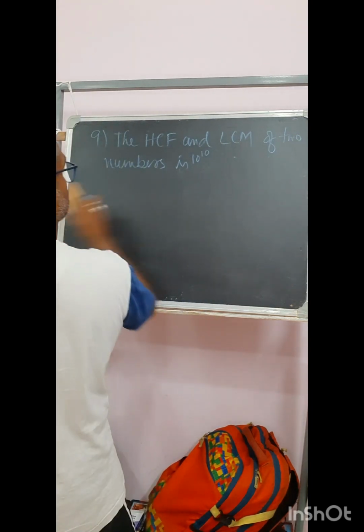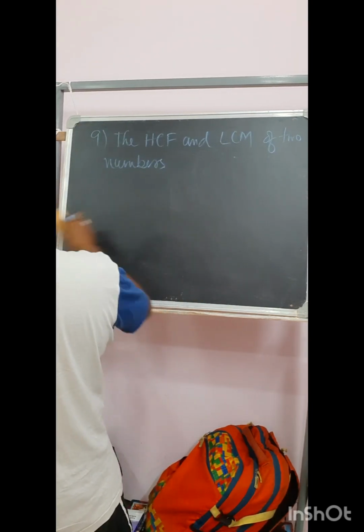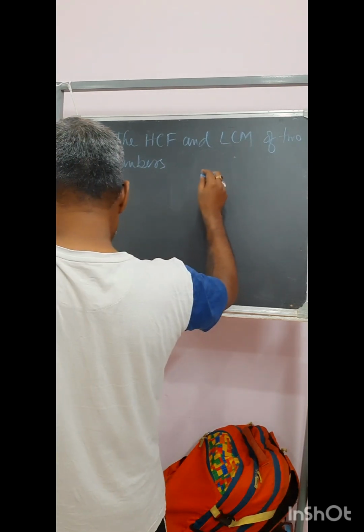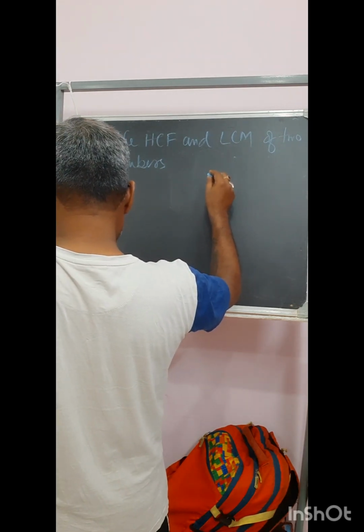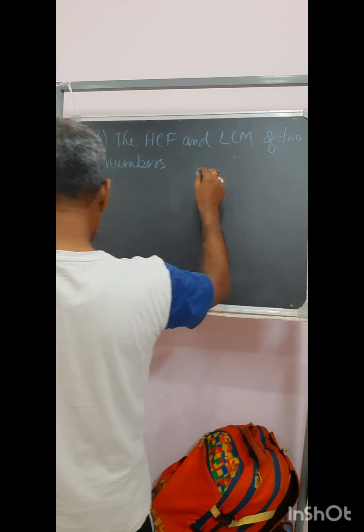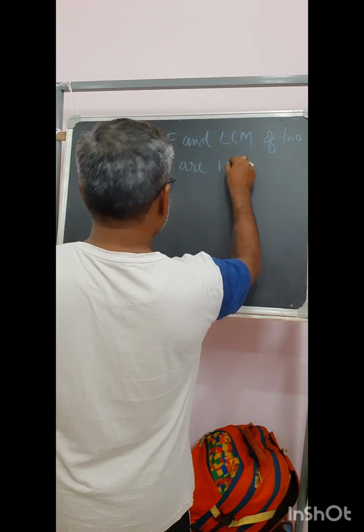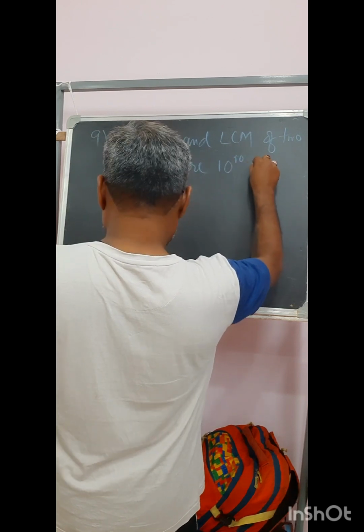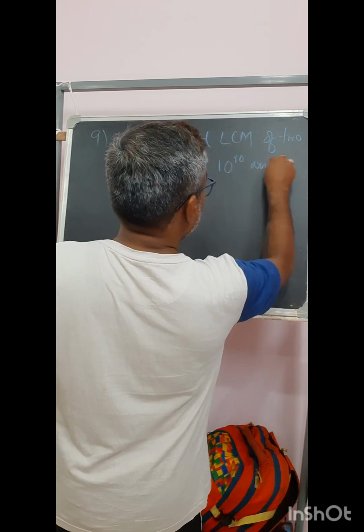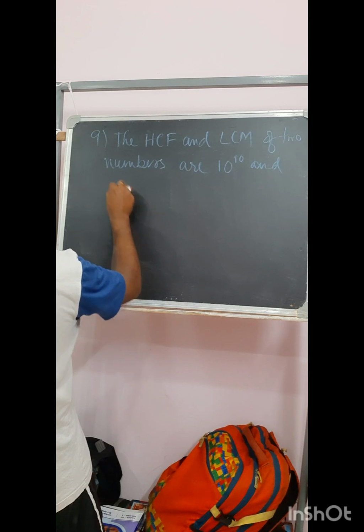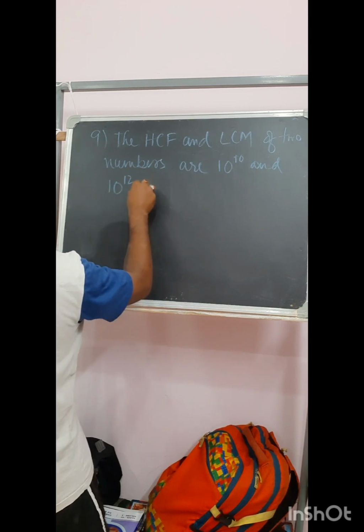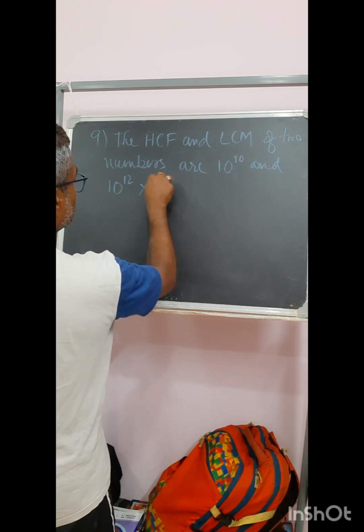I missed some. Two numbers are 10 to the power 10 and 10 to the power 12 into 7 cube.